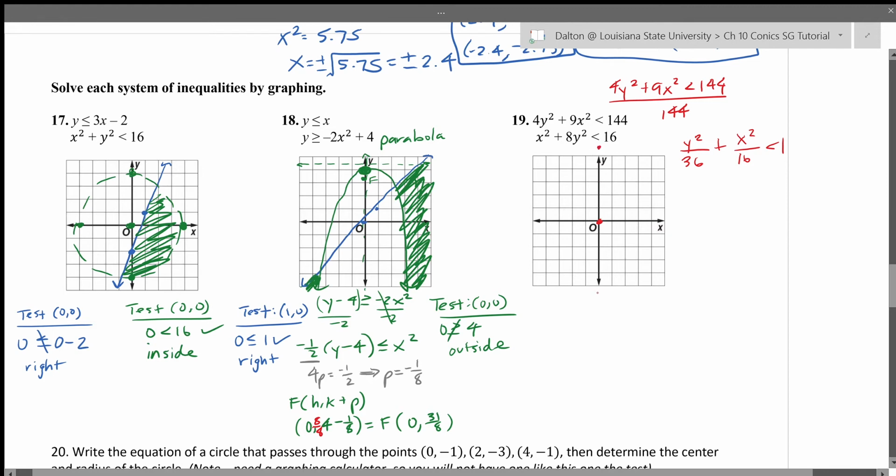Sorry about it. And then in the x direction, it's over 16, which the square root of that is 4. So now I've got 4 to the left and 4 to the right. So this is going to be a pretty big ellipse. It's just less than, which means this is going to have to be a dotted curve to graph this ellipse.